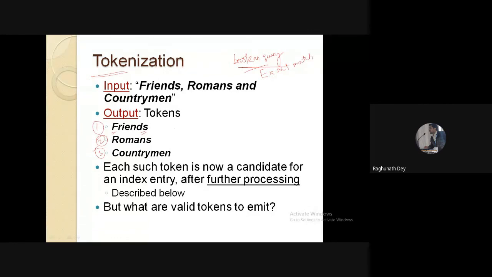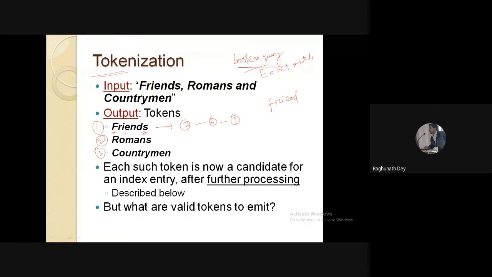So you have designed your indexing system so that Friends, where F is in capital letter and in plural form, is present in document 2, document 6, document 9, etc. But unfortunately, the user of your indexing system has given input in this form: friend, small f, with no plural form. Then this is not exactly matching in your indexing system.